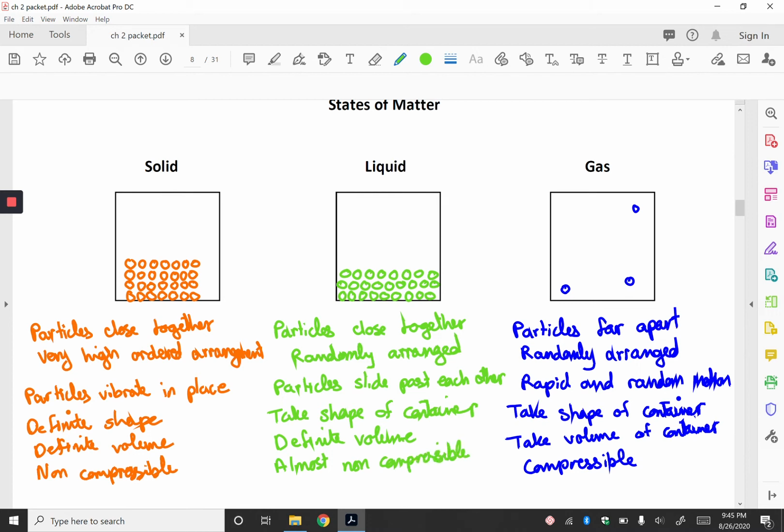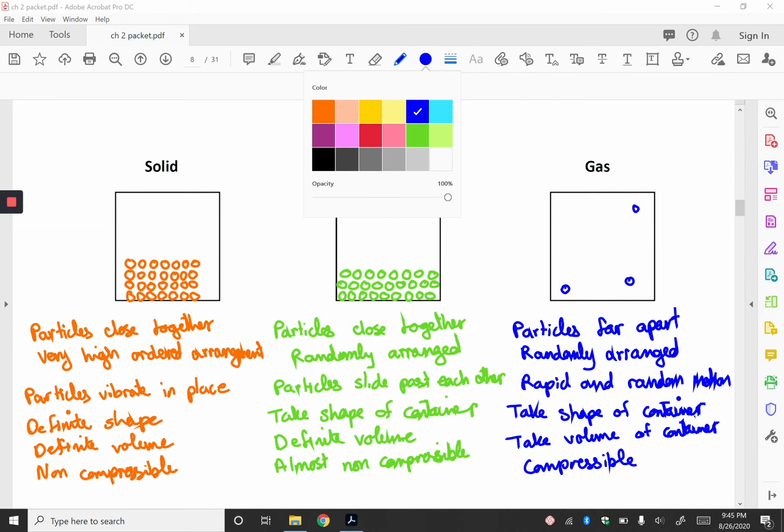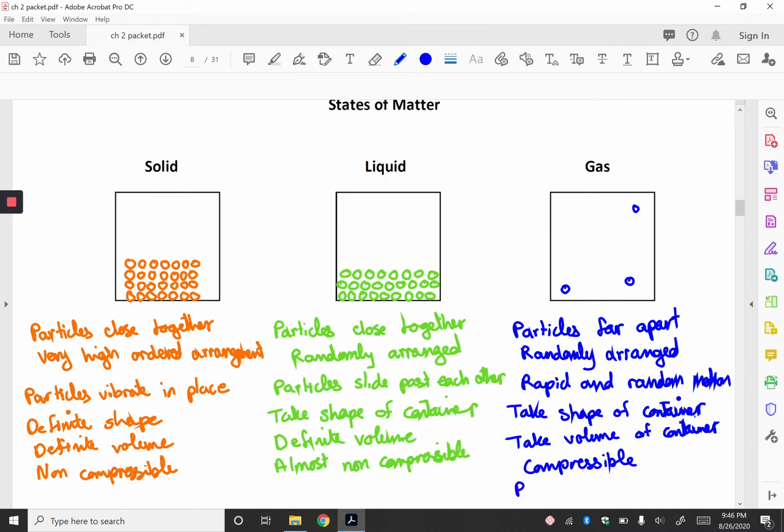Okay. Another difference between these three is the density. So we know gases, like let's say you have the same amount of particles in all of these, so they have the same mass. Gases take a huge volume because they're so far apart, and so they are by far the least dense of the states of matter.